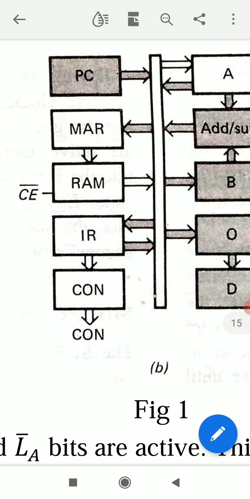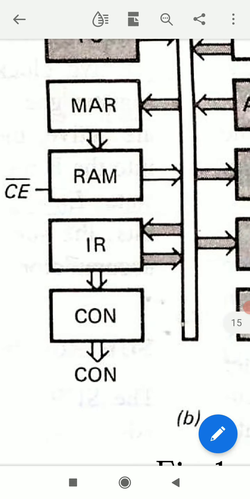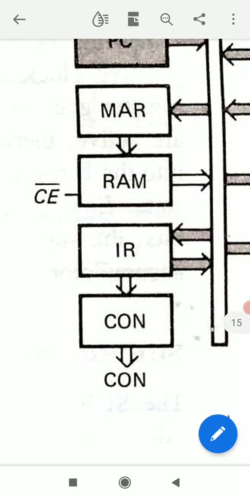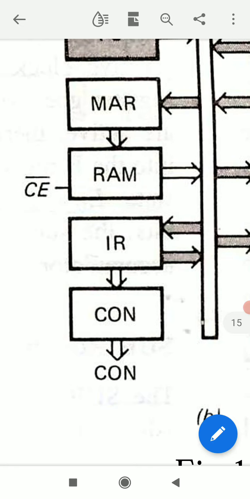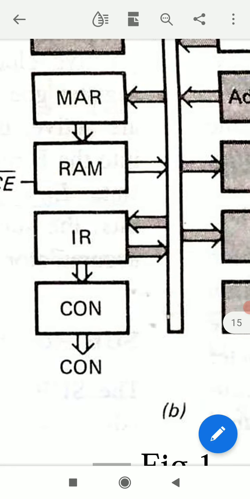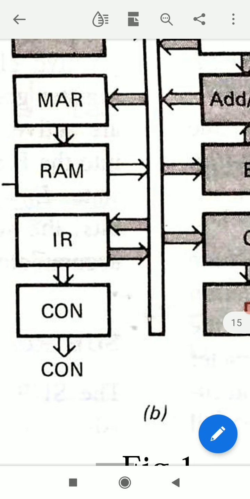From MAR 4 bits go to RAM directly, where the word contained in memory location 9H is read, and when CE bar is active, that word goes to W bus.